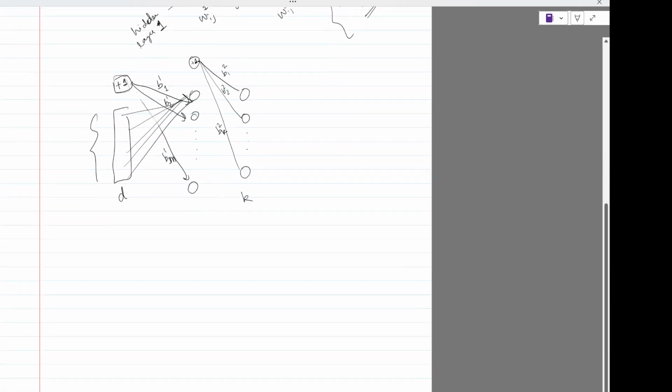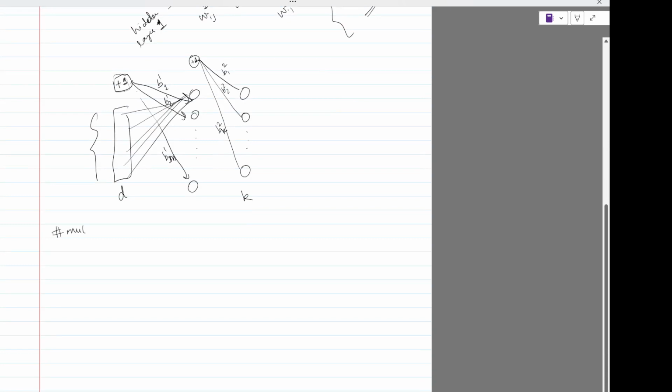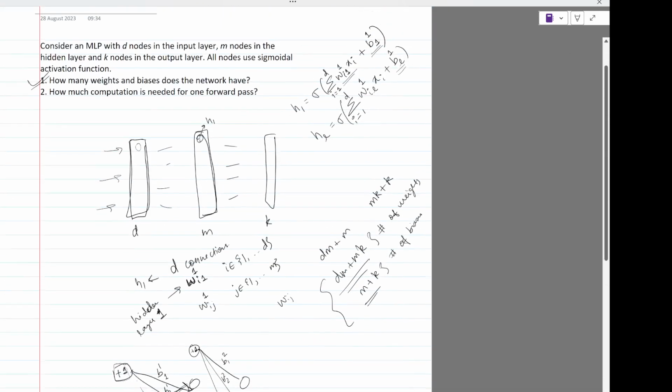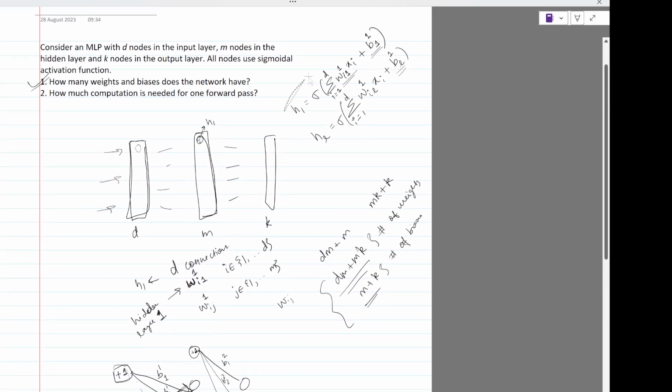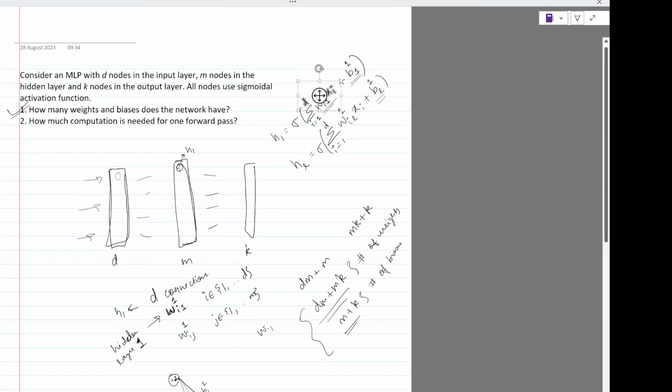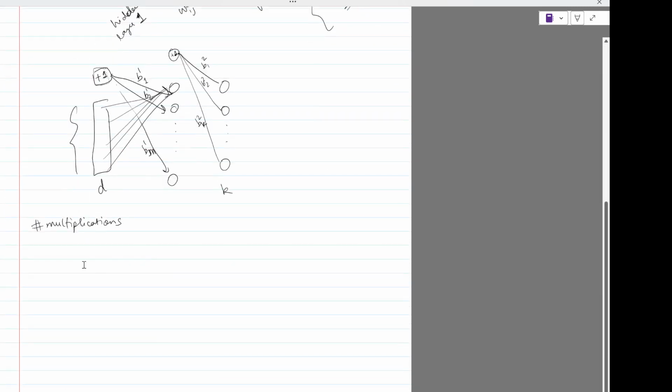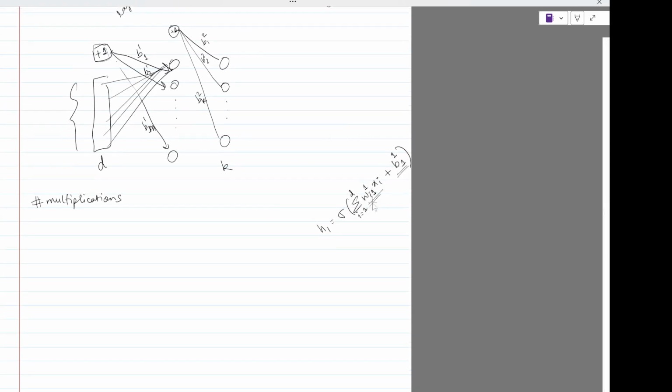So if you consider the number of multiplications, in h1, if you see, there are d multiplications done, and it will be done for each hidden node.